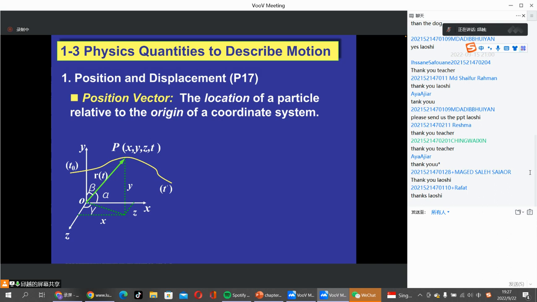And we also have the variable t to describe the relative position with respect to the time. So we can write the position vector of point P as vector R, it equals the vector OP.